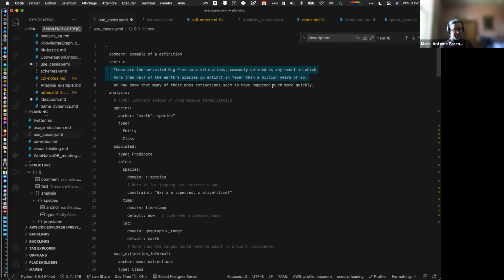But here, what we have is a local definition, and I do agree totally with you. This is a local definition of mass extinction. The person writing this book defined mass extinction this way. Someone else in another argument defines it in a different way. Maybe they'll share the more than half of Earth's species, but they'll say, and furthermore, it has to be caused by an asteroid impact.